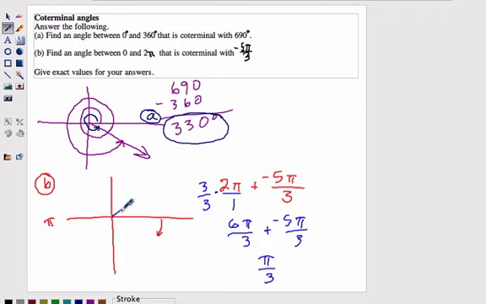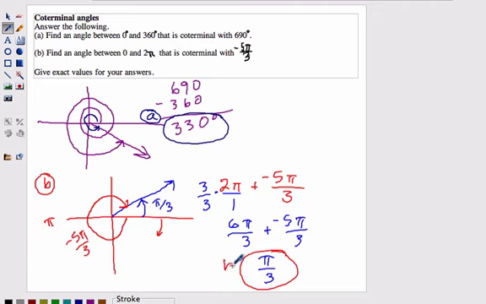Pi over 3 is up here. All the way around in the negative direction, going clockwise, that represents negative 5 pi over 3. So these are two coterminal angles. So the answer for part B is pi over 3.